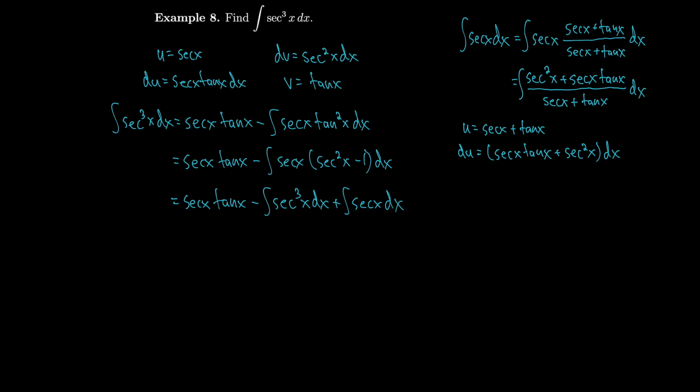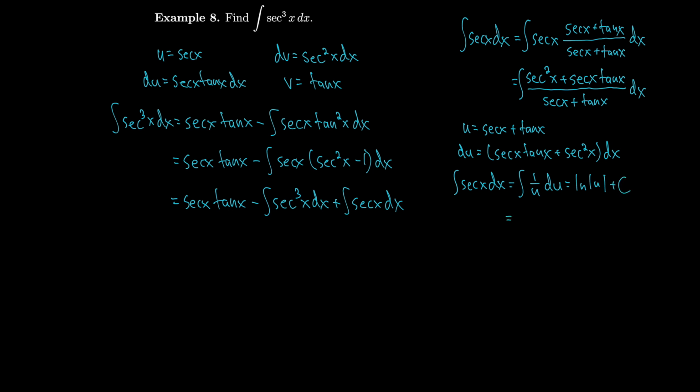So plugging all of that in, I get that the integral of secant is equal to the integral of 1 over u du, which is equal to the natural log of the absolute value of u plus c.